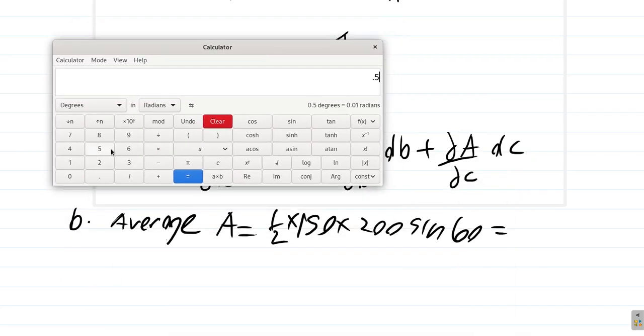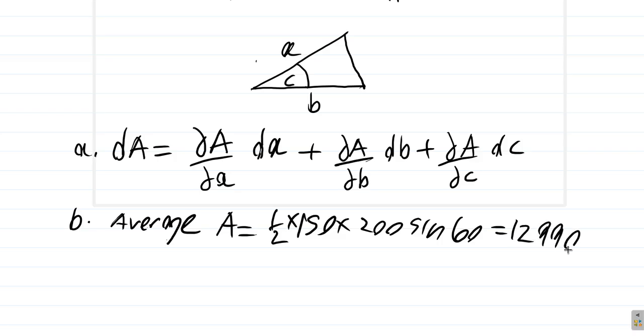So 0.5 times 150 times 200 times the sine of 60 degrees equals 12,990. So it's 12,990 square feet then.